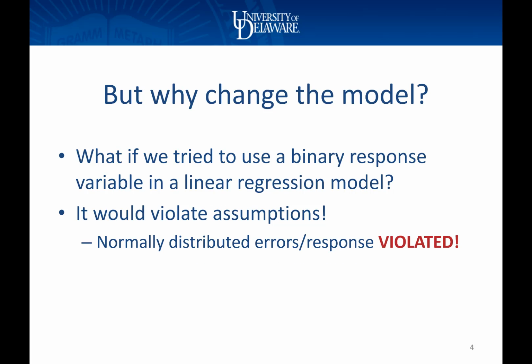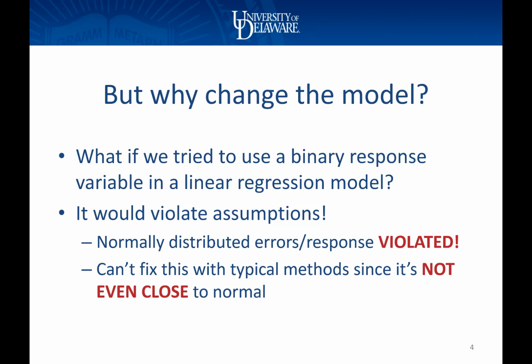It's impossible. And the normal methods that we would use to fix this problem, like bootstrapping to create a distribution, we can't do. This is not even close to normal. It doesn't have a standard distribution. It's just zeros and ones, and those characteristics are harder to predict.